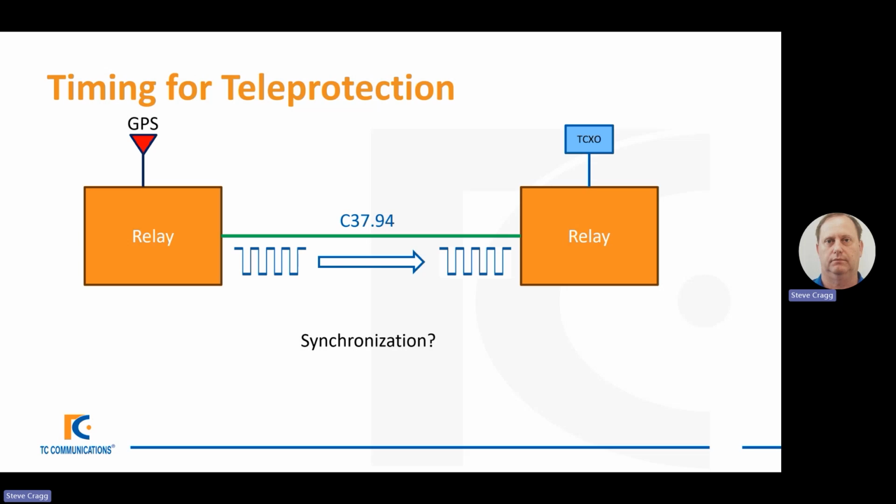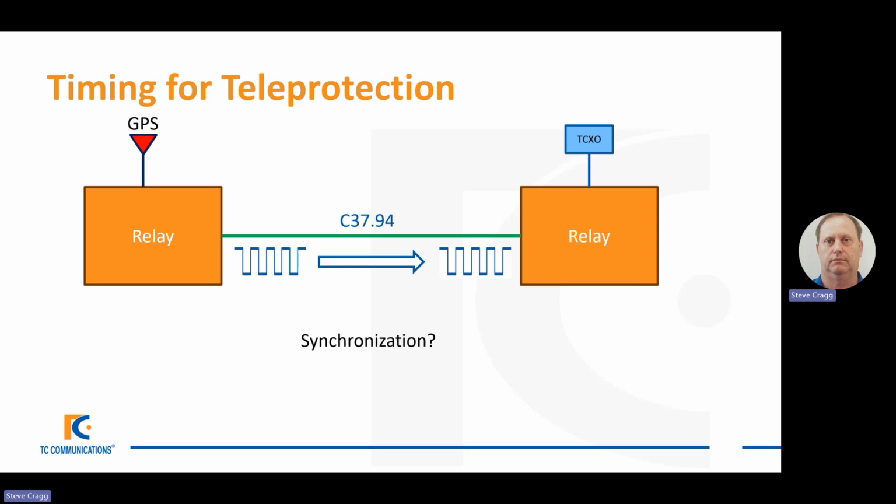Now, the interesting thing about that is it's very easy to get confused when we talk about an accurate clock in the relay. Are we talking about a real-time clock, which gives the time of day, date, down to microseconds, or are we talking about the clock, which is a simple square wave for synchronization of the C37.94? We're often asked, do you have an input for a clock? And the answer is no, we don't, because we don't actually need it in this case.